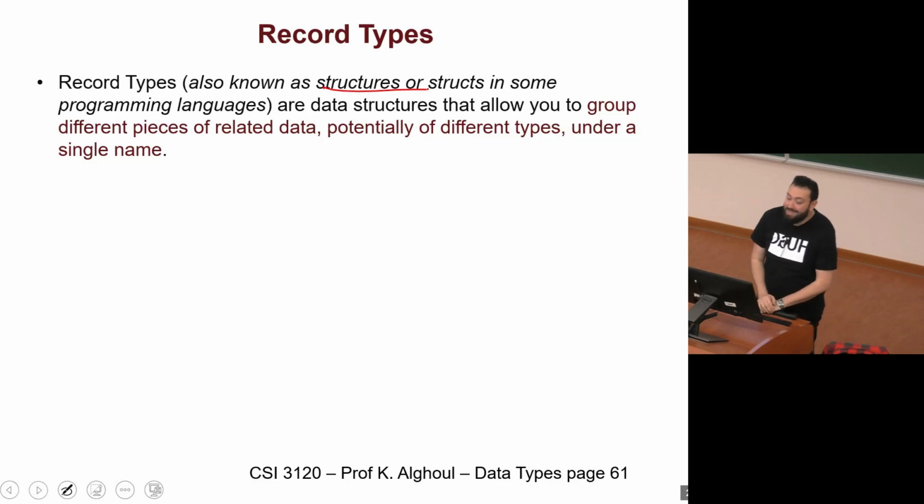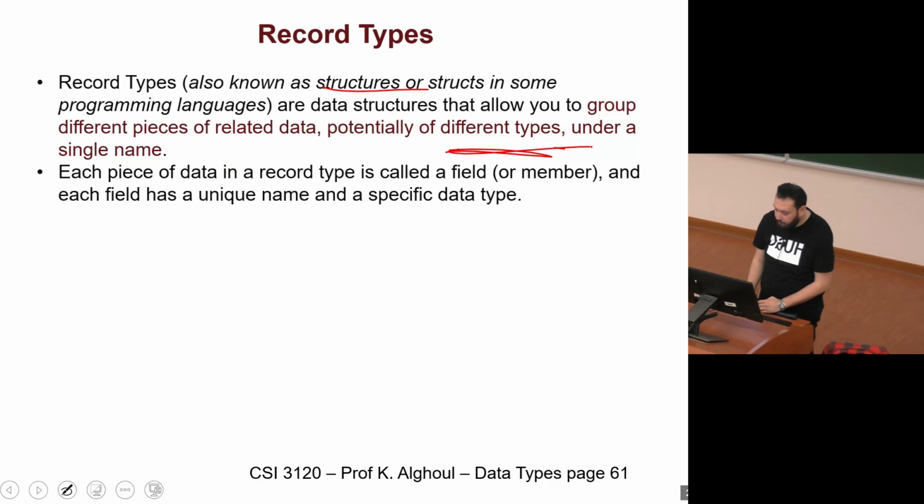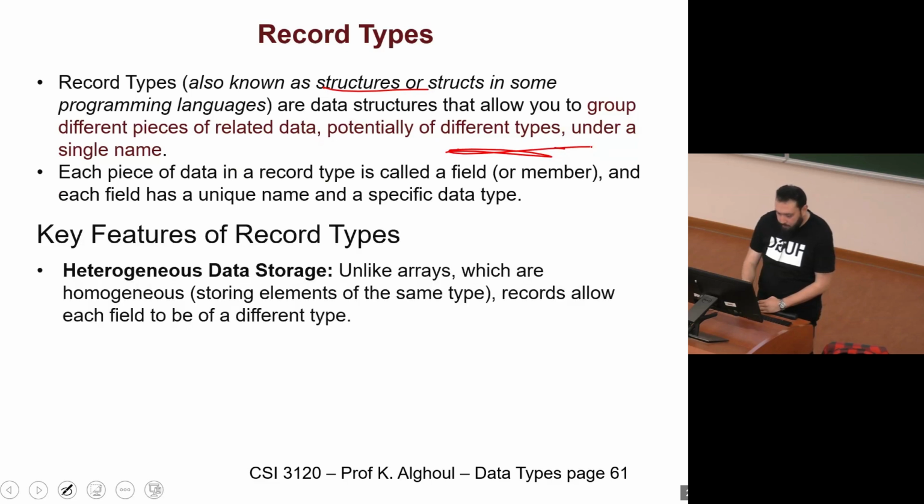So what is the difference here between this and an array? It doesn't have to be the same type. So different types under a single name. This is one of the main things. It's heterogeneous, not the same data type, unlike arrays, which are homogeneous, storing elements of the same type.